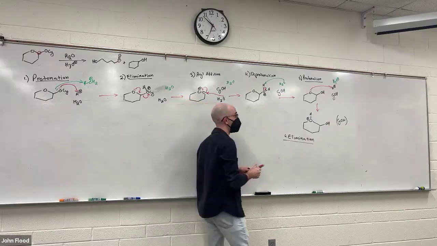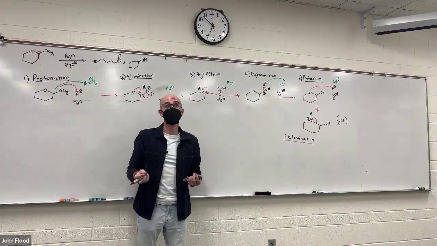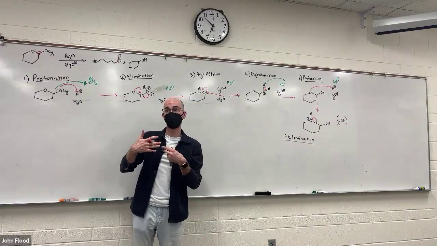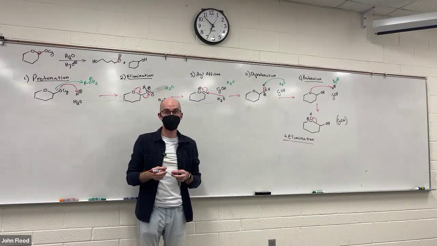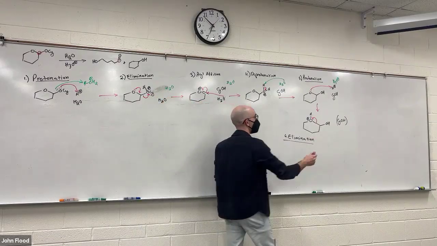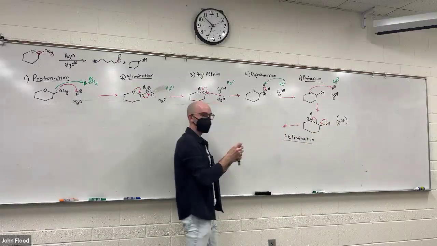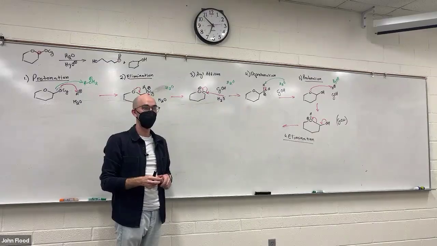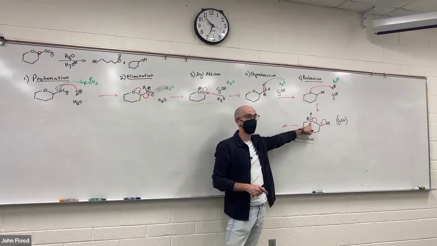That positively charged O takes the electrons. Where does my double bond form? Remember, that's what elimination is. Elimination is the formation of a pi bond. The other oxygen shares electrons. This is now going to be an alcohol.